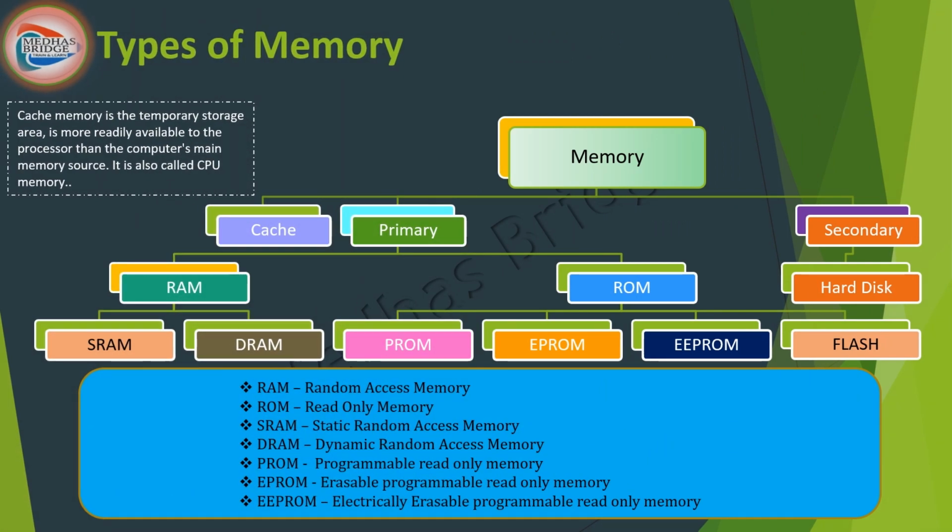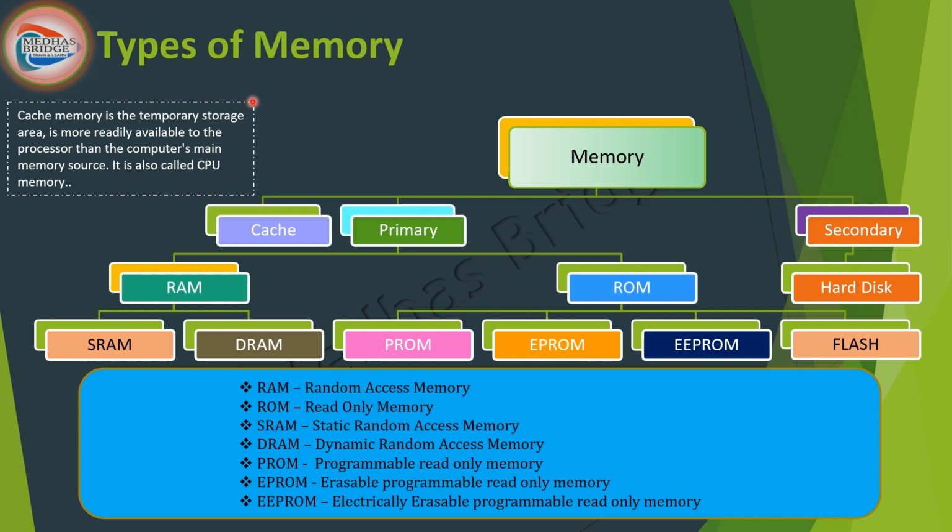You must have heard memory very frequently in the computer world. Computer memory is just like a human brain. Do you agree? It is used to store data or information and instructions. It is a data storage unit, right?